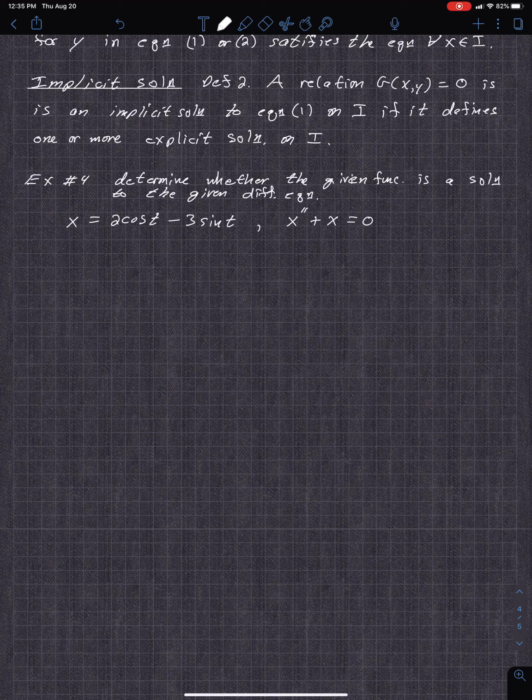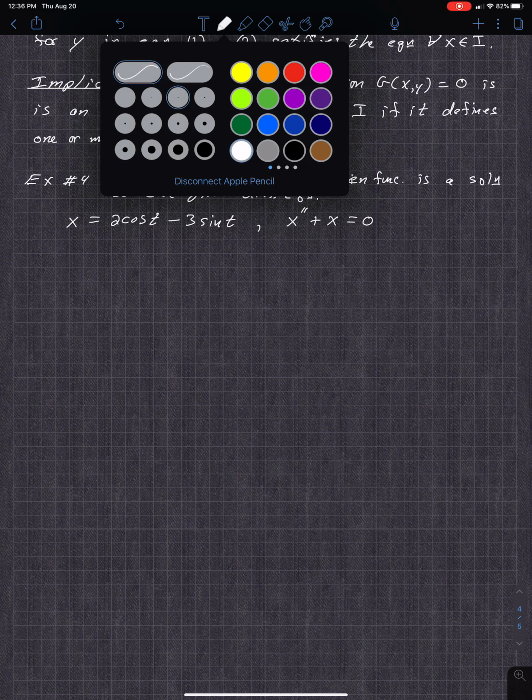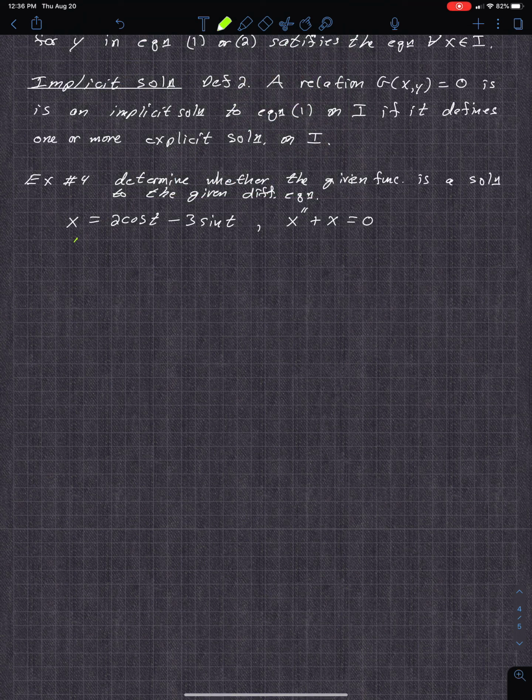All right, so how would you check this? In which form do you think this is? That's explicit form because you have x, so x is a function of t directly. So this is clearly an explicit form of the solution.